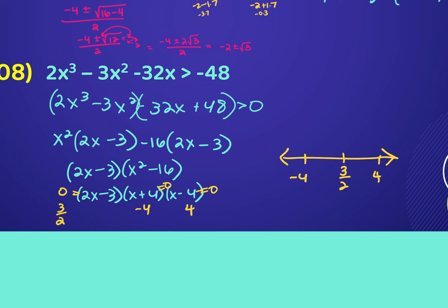As long as an answer doesn't repeat, like if I had two -4s, it's going to mess up my pattern. As long as an answer doesn't repeat, then my pattern is every other spacing, which means it's either going to be here and here, or here and here.